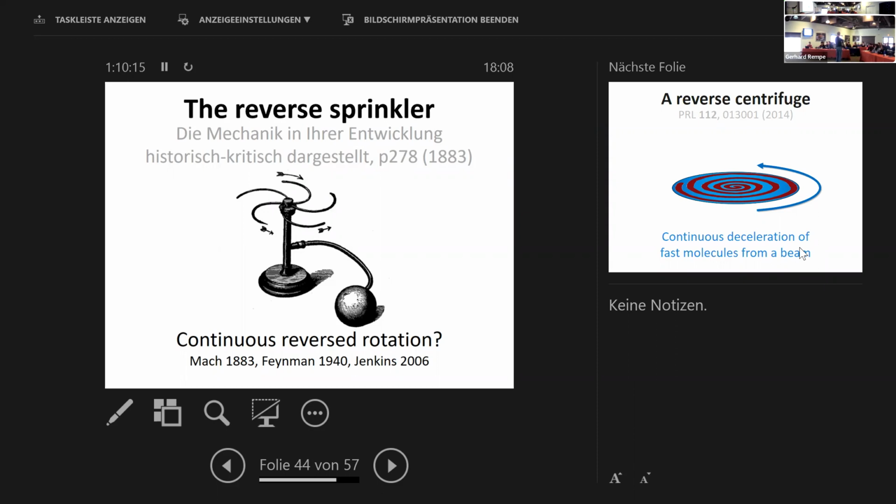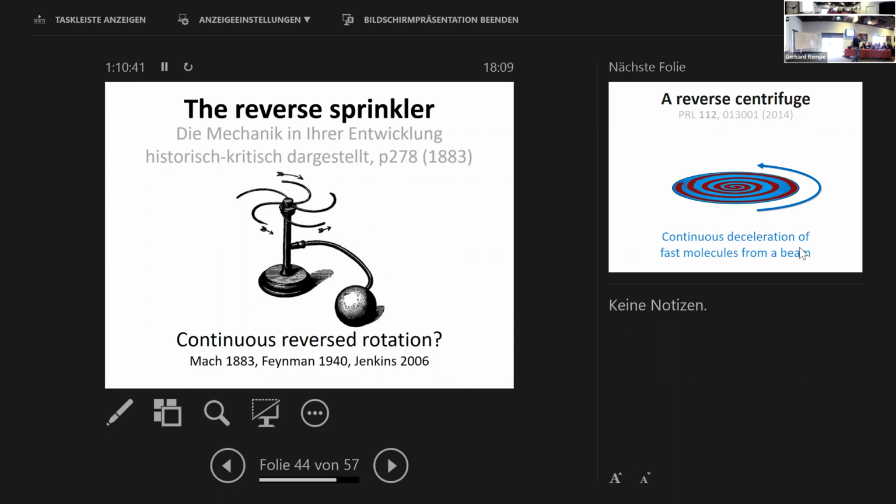What happened is the apparatus was completely destroyed. The lab was flooded with water, and Feynman was not allowed to go into the lab anymore. There are some historical notes in one of the books.